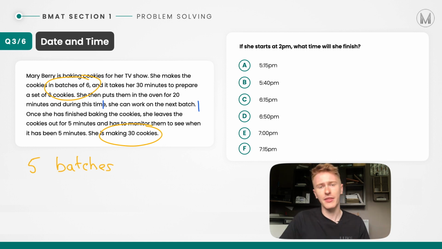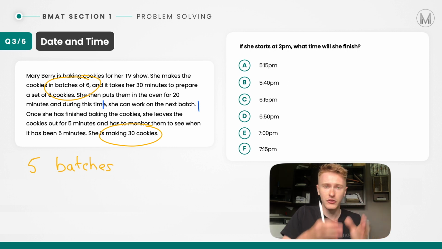So if we think about the ways we can go about this question, if you're initially confused, my top tip for these types of questions is just to get stuck in. Imagine that you're doing the cooking. Guide yourself through batch 1, batch 2, batch 3. Hopefully, you won't have to go through all of the batches because hopefully by batch 1 and batch 2 and batch 3, you would have spotted some sort of repeating pattern because it makes sense. She's doing a repeated action.